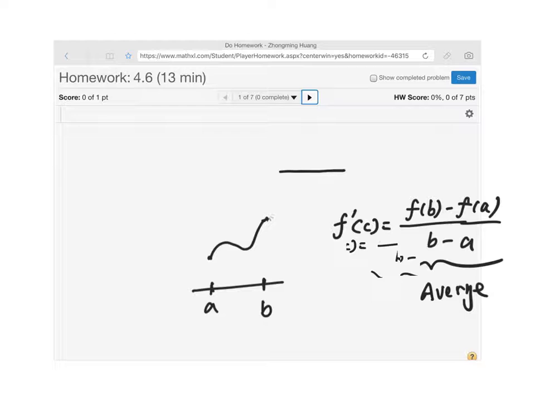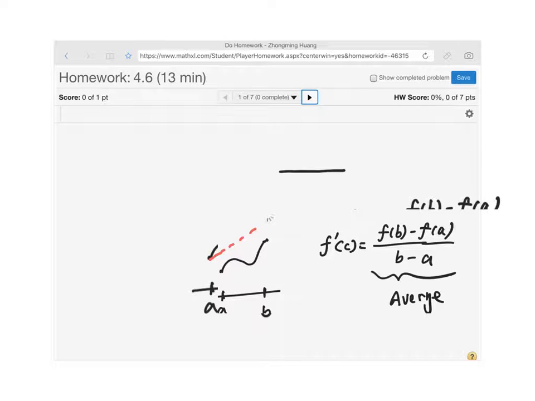So what that means is, geometrically speaking, the right hand side means the slope of this secant line connecting A and B, connecting both endpoints, and the left hand side represents at some point the derivative, which means the slope of the tangent line will be parallel to the slope of the secant line.